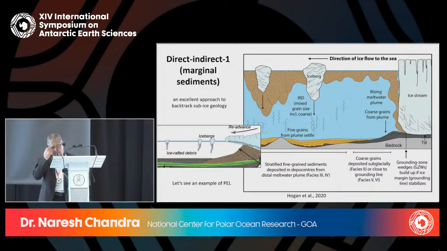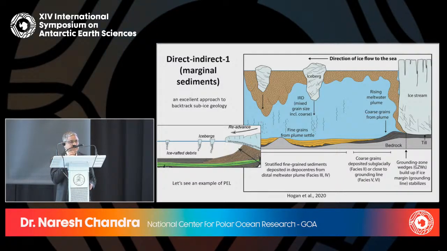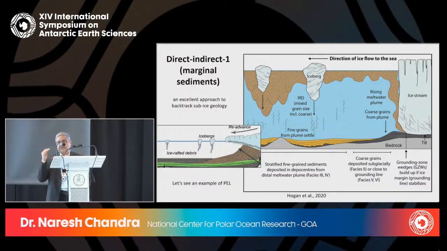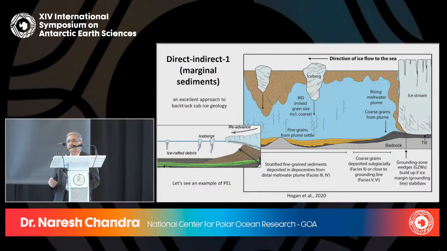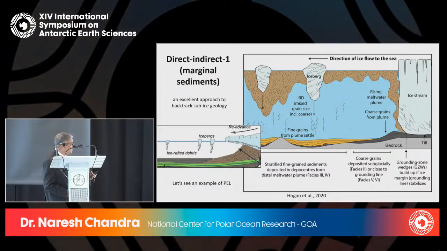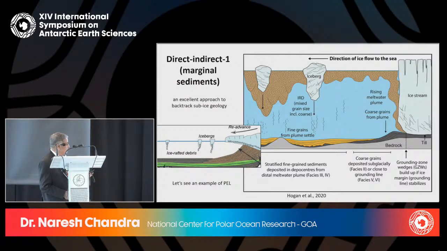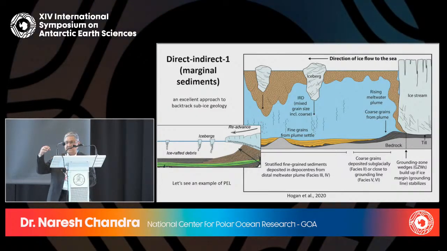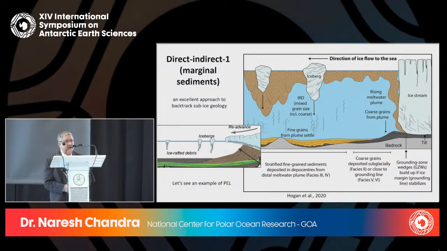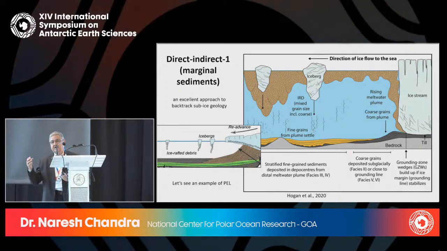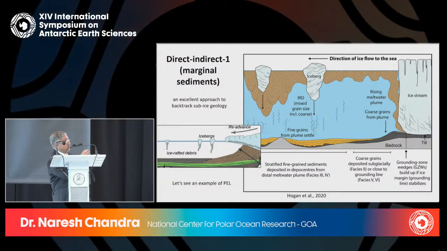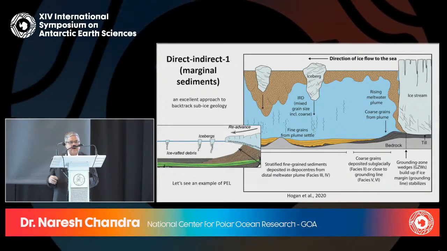So then we come to the direct-indirect methods, that is the sources from where we can have information about subice geology. These include the proximal marine sediments, and they can be either at the ground or close to the grounding line, or they could be taken a little bit far away through icebergs.